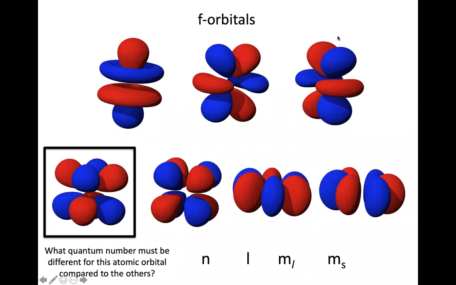Is it the n value, the l, the m sub l, or the m sub s? The reason I'm asking it this way, I've seen this as a format for exam questions.